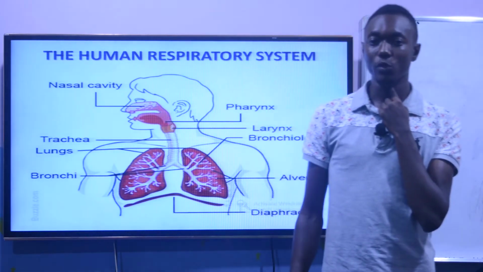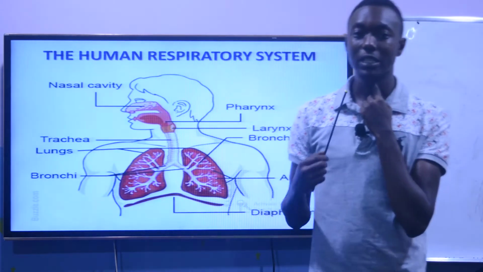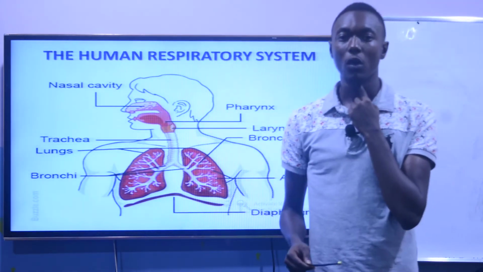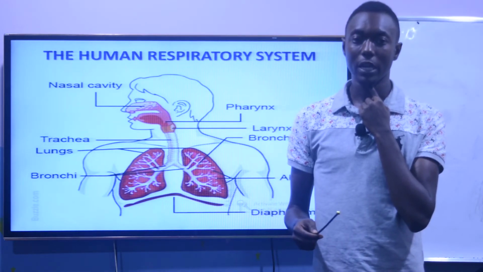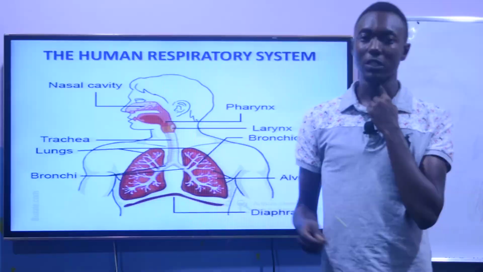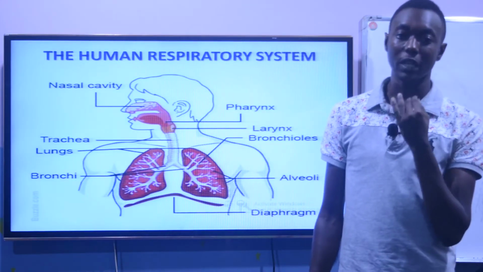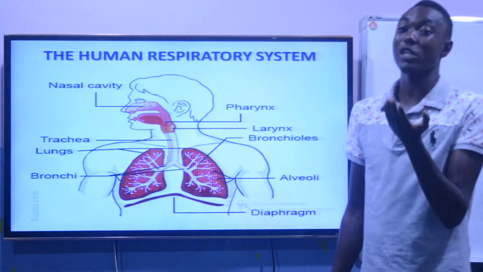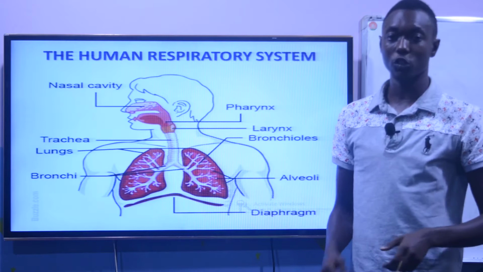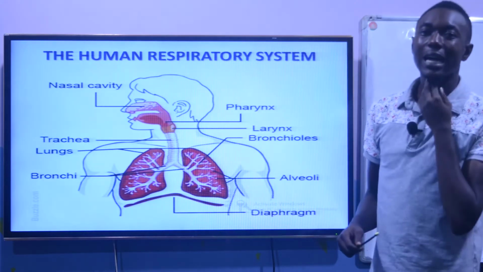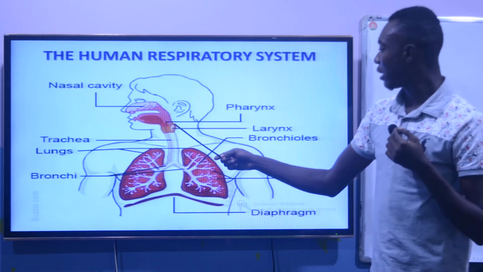When you touch it, you realize that it begins to vibrate. That is because it is responsible for speech. If you want to sing or talk, it's all the work of the larynx, which is also known as the voice box. So now you know the reason why we term it the voice box, don't you? Good. It has Adam's apple, as you can see here. So there's the larynx for you.